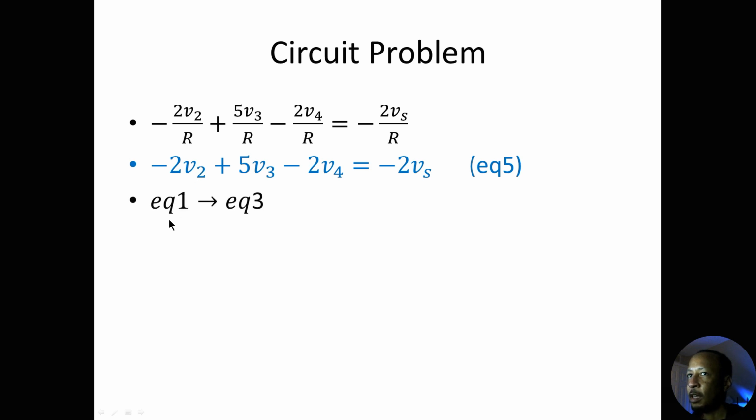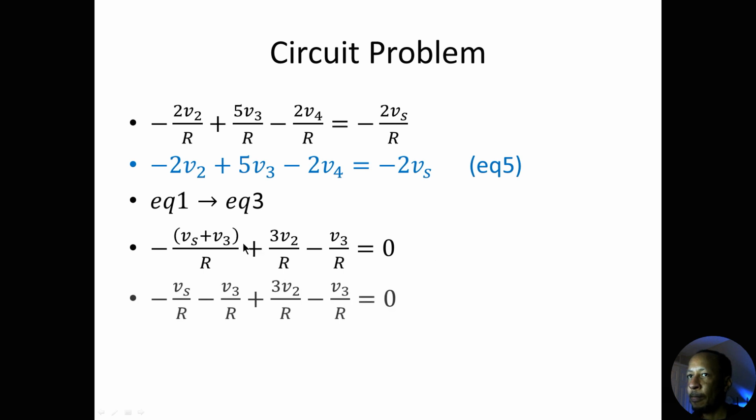Then next we're going to take equation 1 and put it into equation 3. Then we have negative Vs plus V3 divided by R plus 3 V2 divided by R minus V3 divided by R equals 0. Then next we have negative Vs over R minus V3 over R plus 3 V2 divided by R minus V3 over R equals 0.